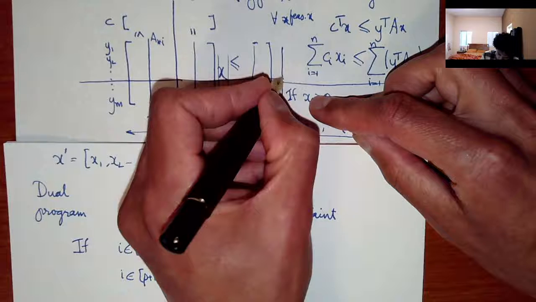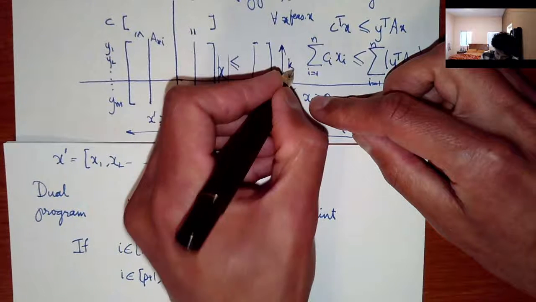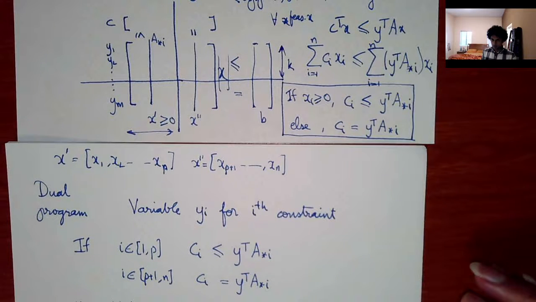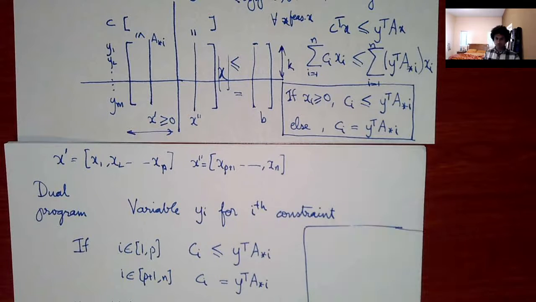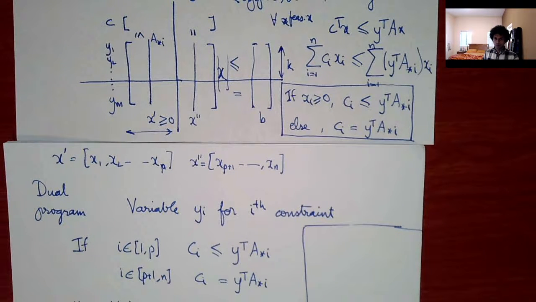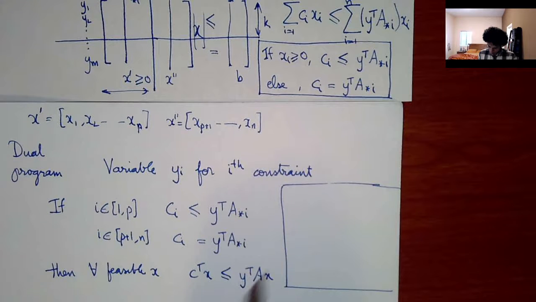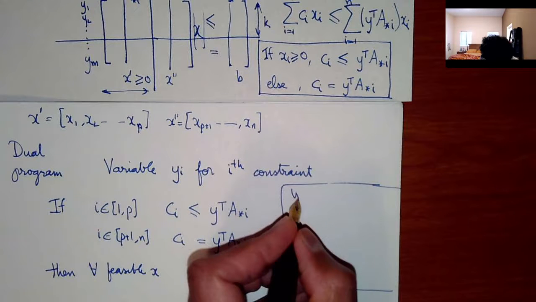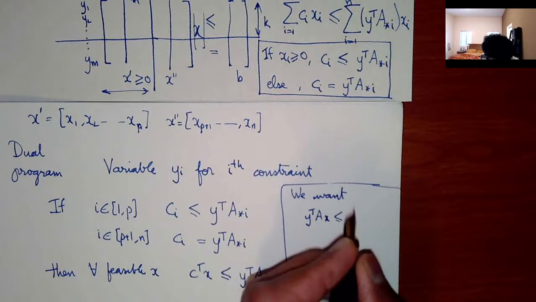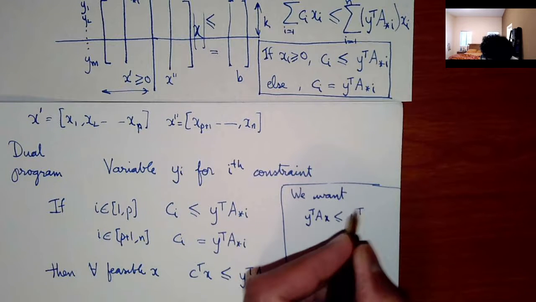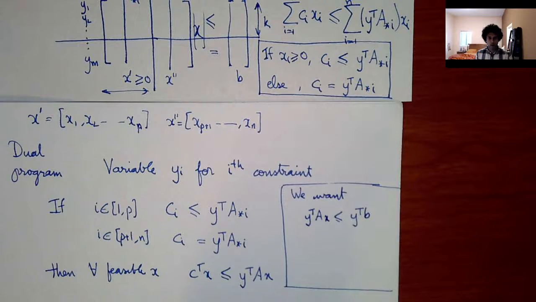So remember that I said that this was K. Now think of what you want. I'm just going to write this off on the side. We want y transpose Ax to be at most y transpose B, and that will then complete this bound that we can get.